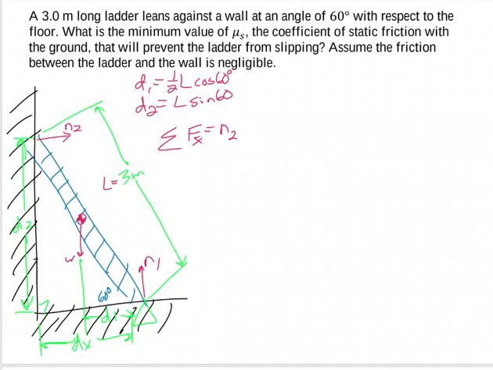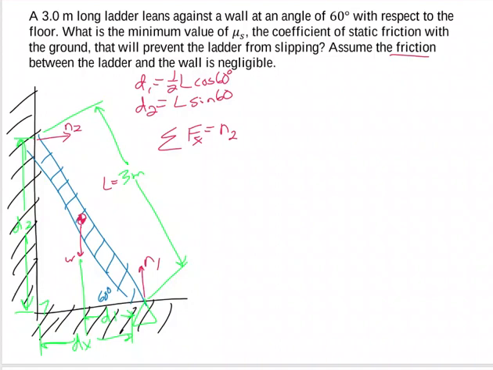What about missing one, actually? It said that a friction force between the ladder and the wall is negligible, but the friction force between the ground and the ladder is not. So if this ladder slid, it would slide to the right, which means that there must be a friction force holding it back from doing that. So which way is the friction force going?